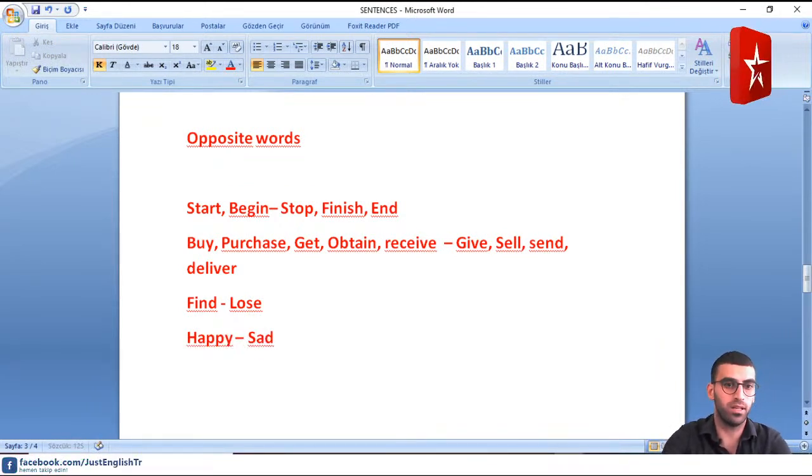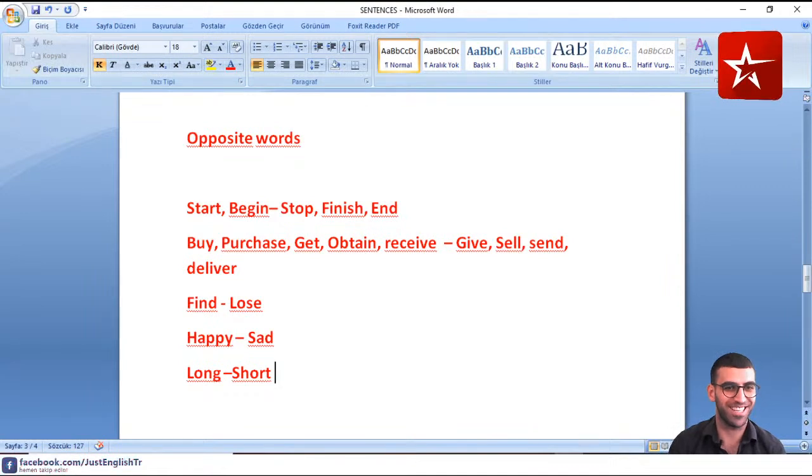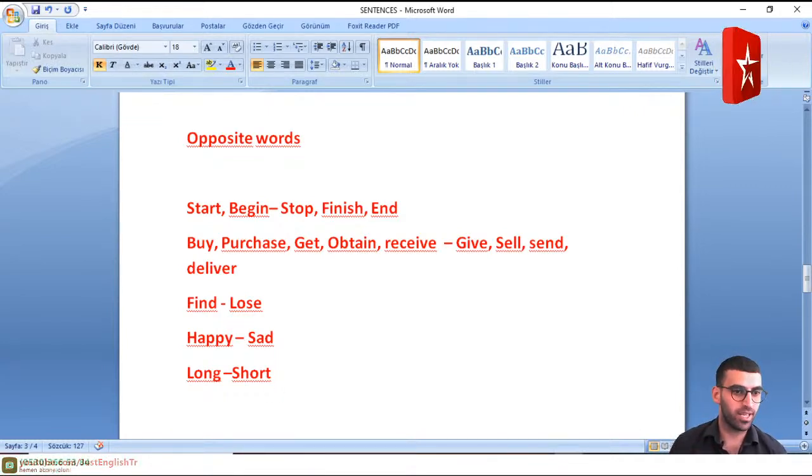Happy, sad. For example, long, short. If you learn words like this, long or short, if you are learning the opposite words, it will help you to be fluent in 3 months.